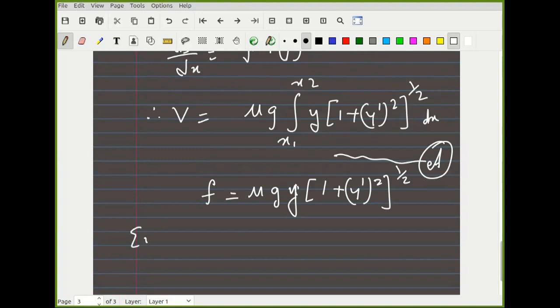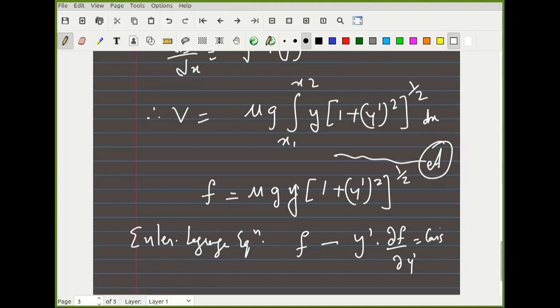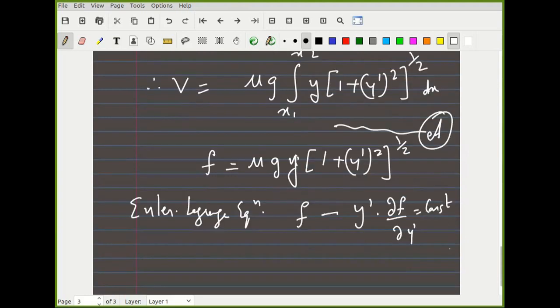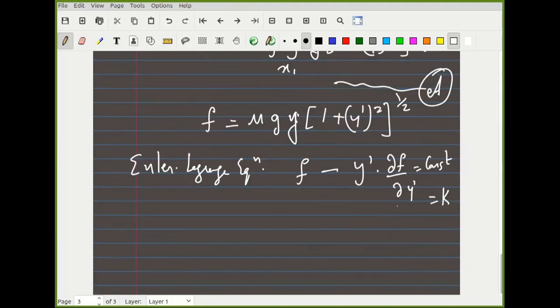The corresponding Euler-Lagrange equation becomes f minus y dash times the partial of f with respect to y dash is a constant. Let's say it's k. So this is your Euler-Lagrange equation.